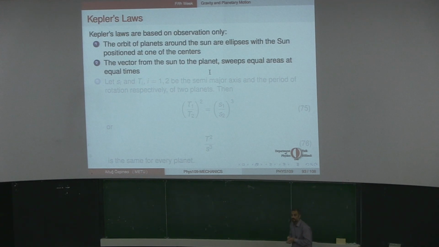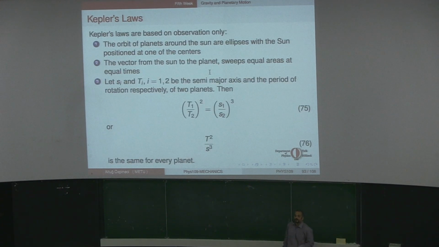Whether you start making your observation when your planet is somewhere over there, it sweeps an area, or you make another observation when your planet is over there, it sweeps another area. It might be much further away from the sun, but nevertheless, the area it sweeps will be exactly equal to the area that it swept when you started making the observation when the planet was over there.